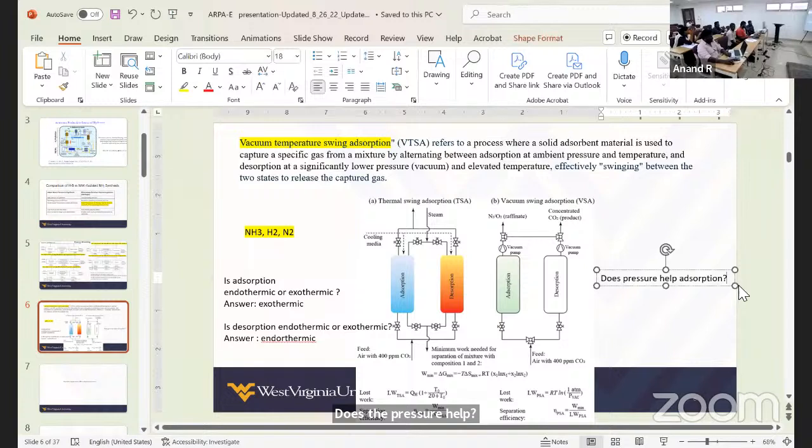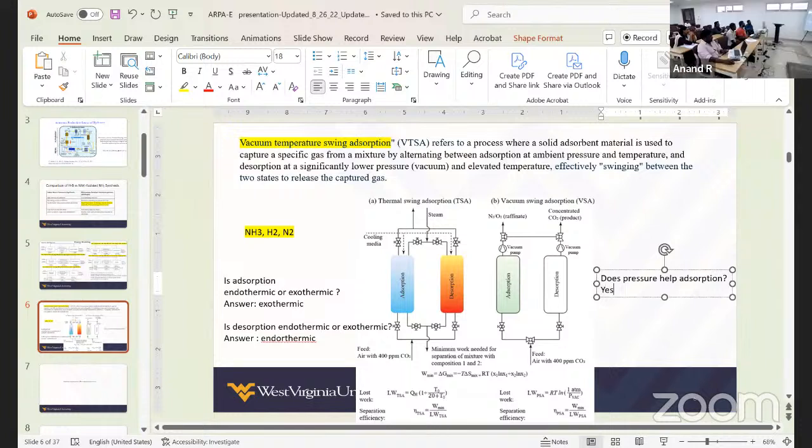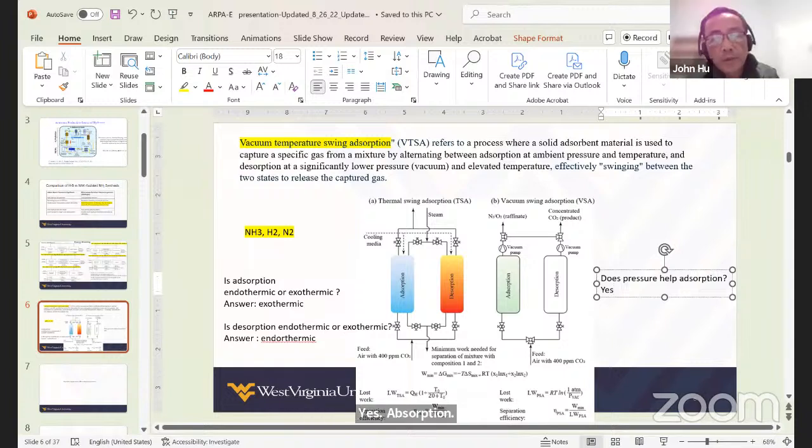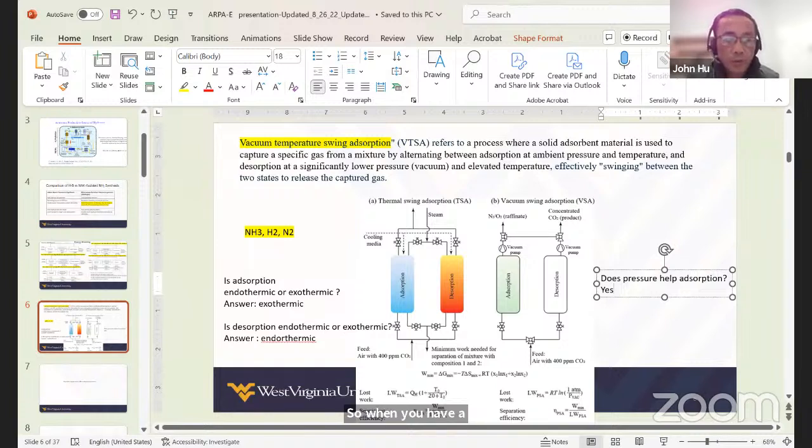No, sir. Yes or no? That's all I need to hear. Yes. Thank you. So the answer is yes. The reason being that it's a gas-solid reaction, all right? So when you have pressure, you force the molecule, which is ammonia, to adsorb on the surface, all right?